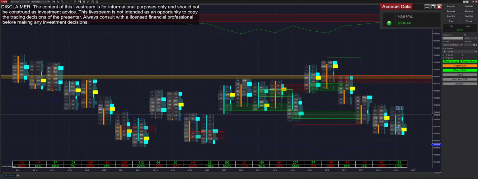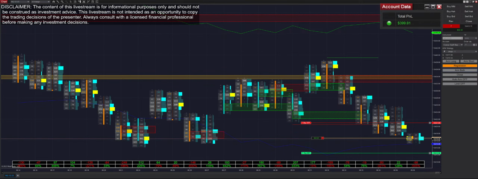Going to be switching it back into regression mode here as we've re-entered this range. Get put into a short trade here, very interestingly.